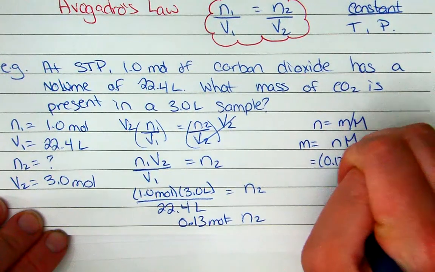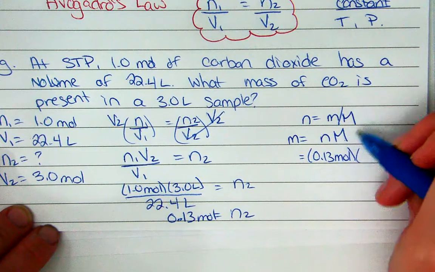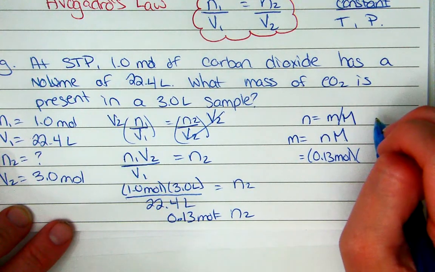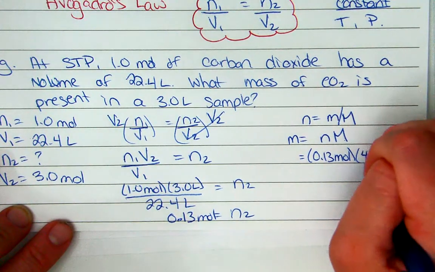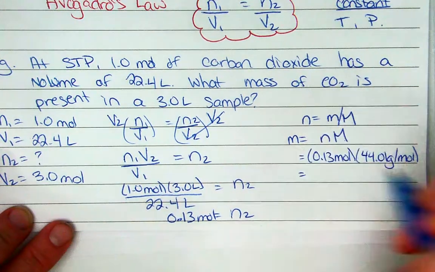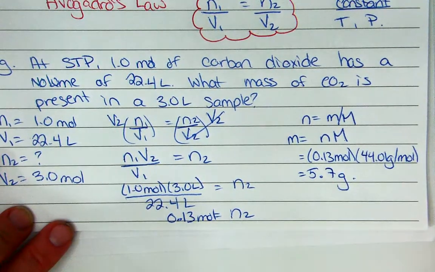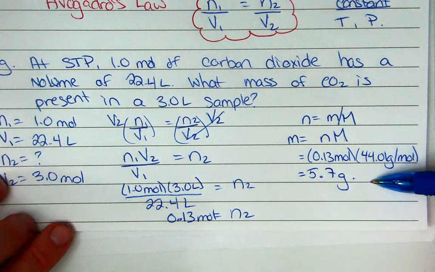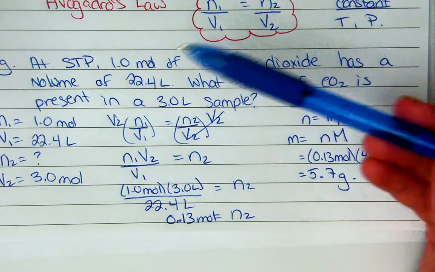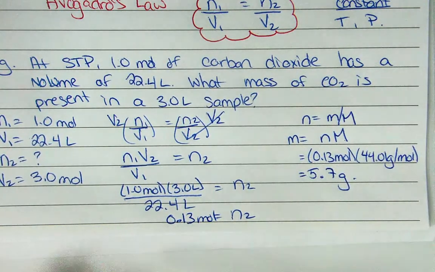That's 0.13 moles times molar mass of carbon dioxide, which is 44.01 grams per mole. That leaves us with 5.7 grams. The mass of carbon dioxide in a 3 liter sample at STP, that's important, is 5.7 grams.